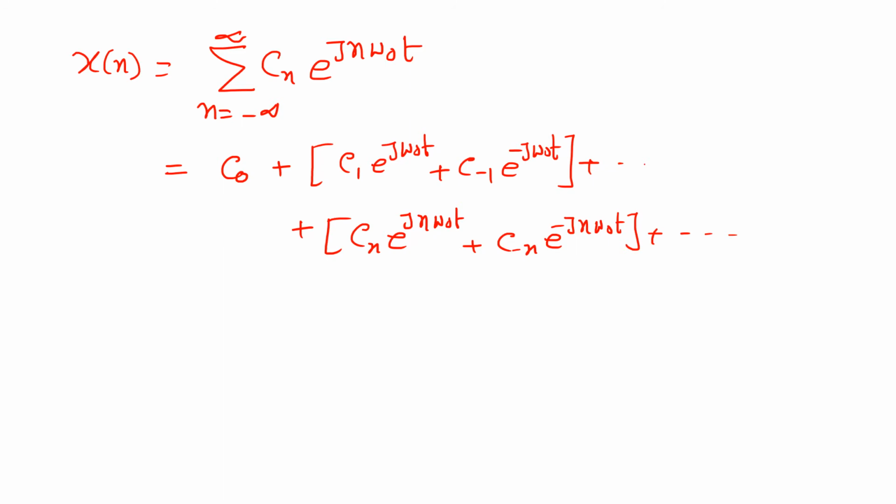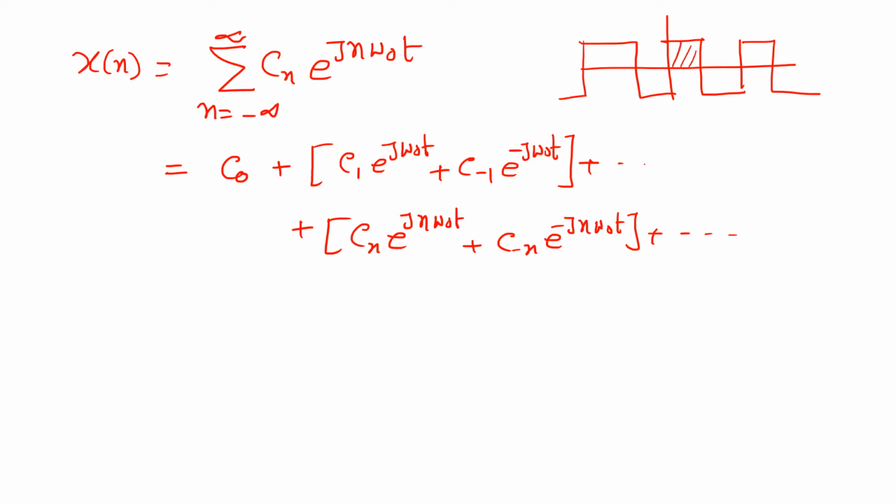So you see C0 is simply A0, and A0 is the average value. As the signal was a square wave like this, it has a positive half and a negative half.